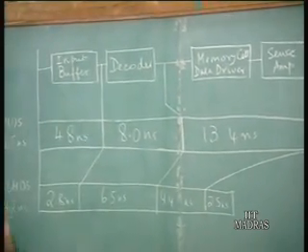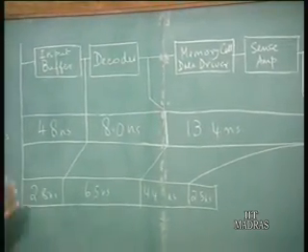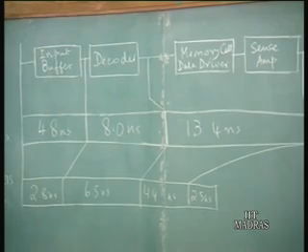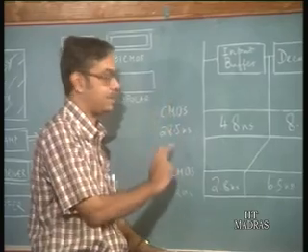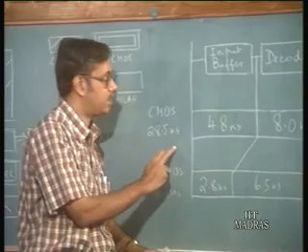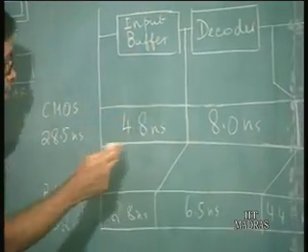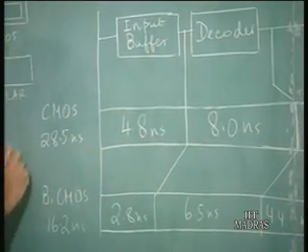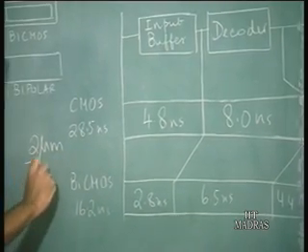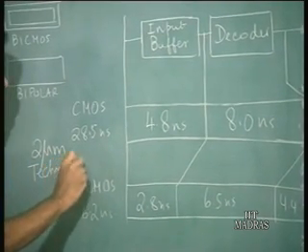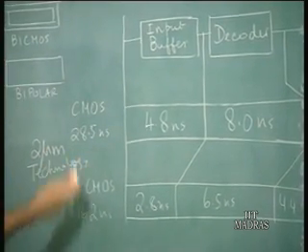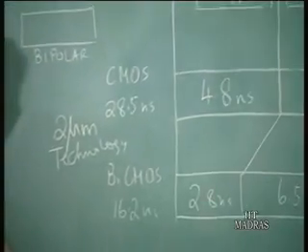So, they have analyzed the total delay and broken it up into different components. For example, they have taken a CMOS memory, for a 2 micron technology. So, it is a rather old technology, but at the same time it gives a very good comparison.